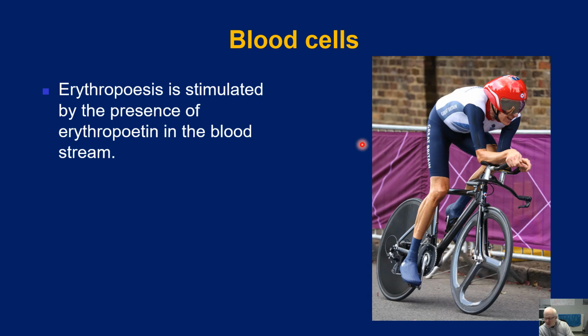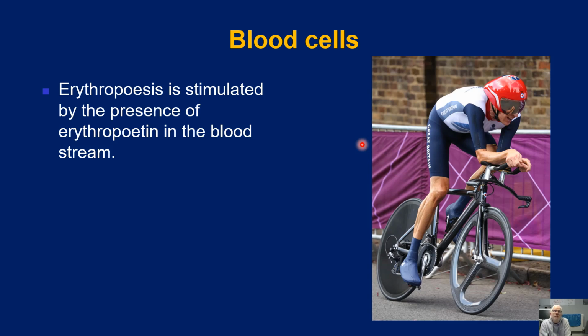And what stimulates that? Well, predominantly the primary stimulant for that is carbon dioxide. If we get an increase in CO2 in the circulation, that stimulates the process of erythropoiesis, which triggers the formation of red blood cells.